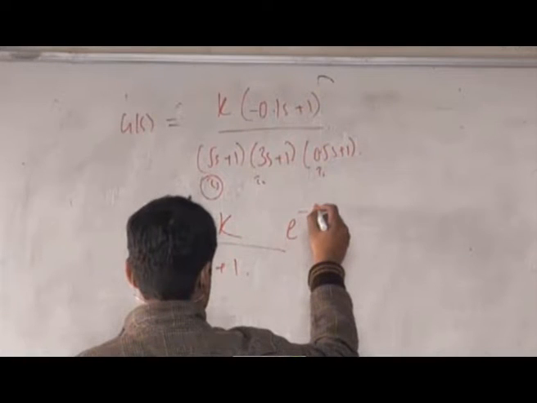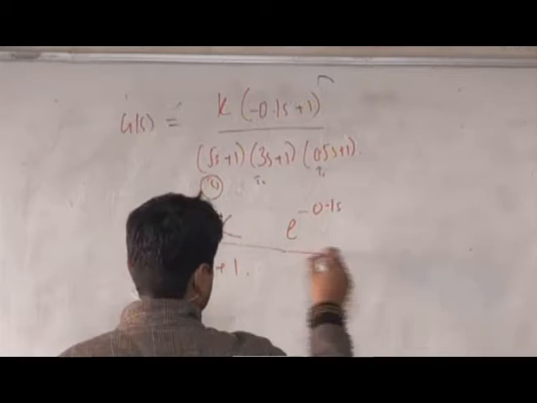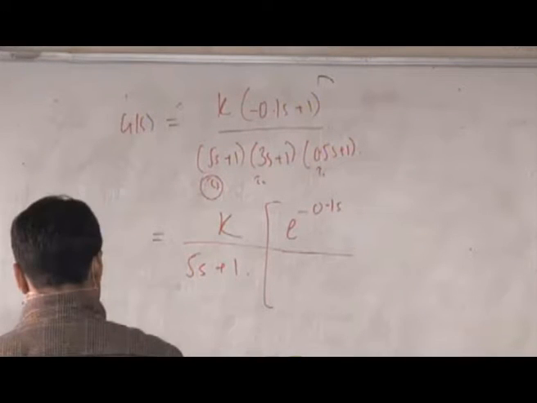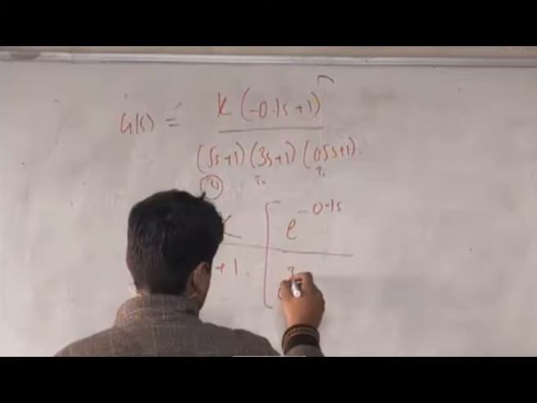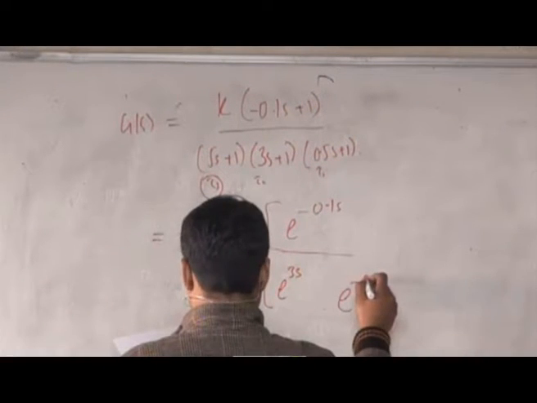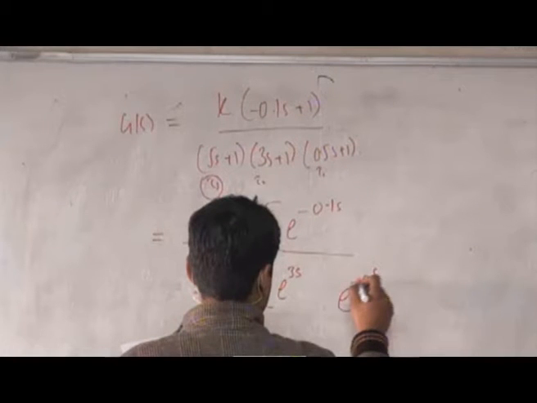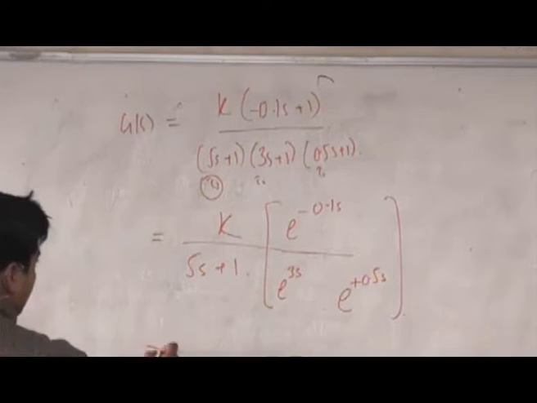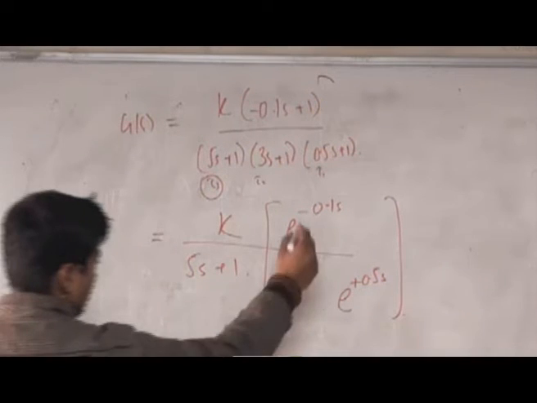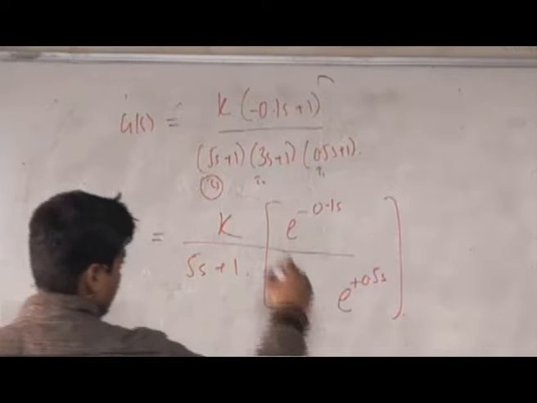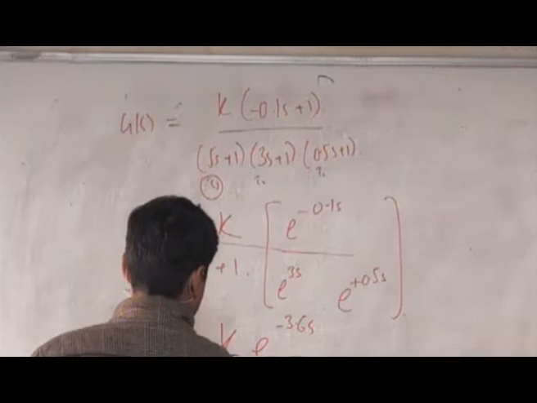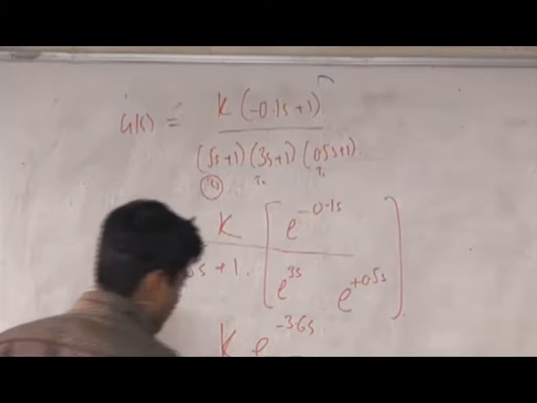For this one, I could write e to the power minus 0.1 s. For this one, I could write this, and if I club them all together, I get this one.